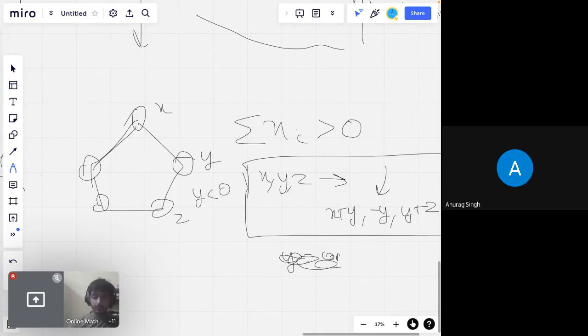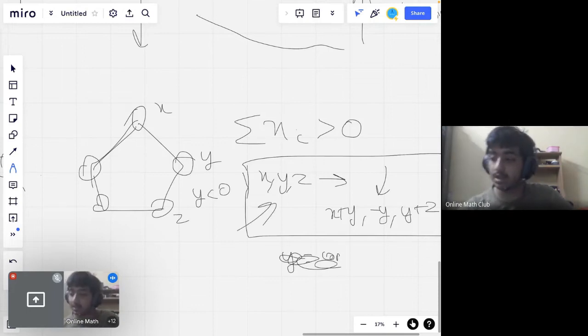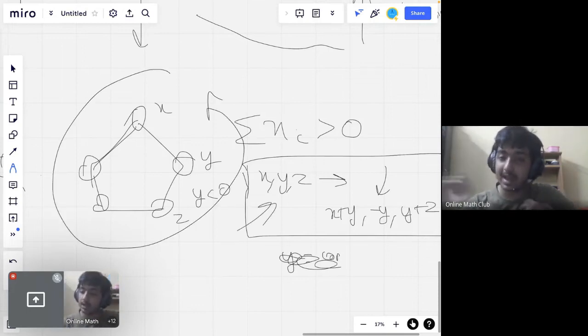My claim is that we can notice x plus y and y plus z are decreasing. So I want to make this claim that after sufficiently small x plus y and y plus z, y will have to become greater than 0 or equal to 0. What is y here? Here, y is any negative number among the five, and we can choose any negative number.